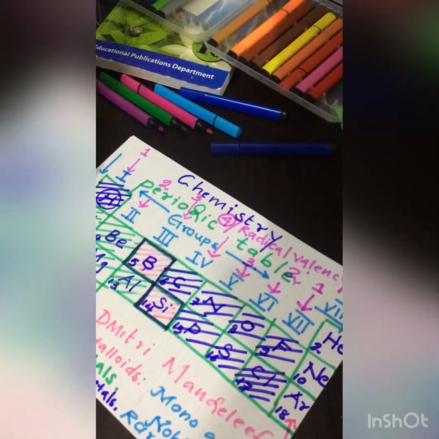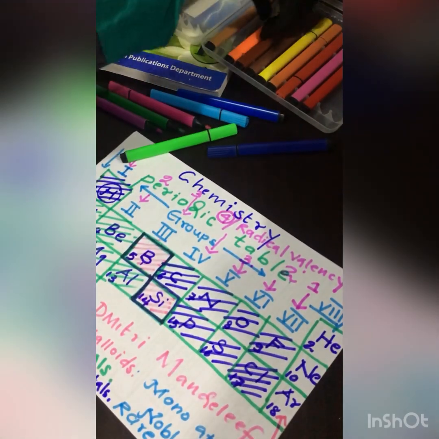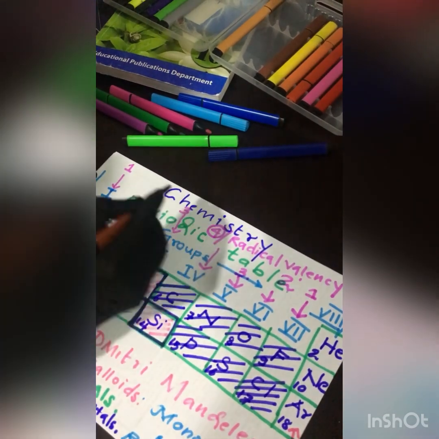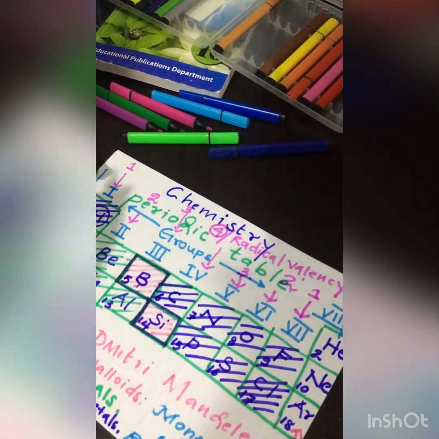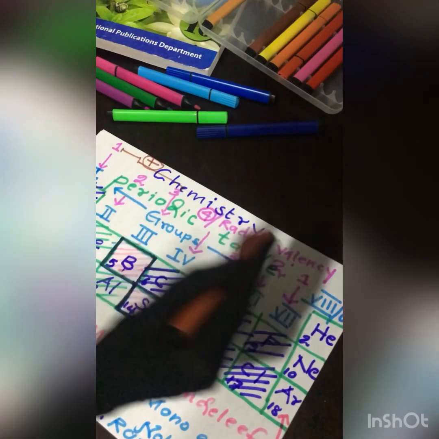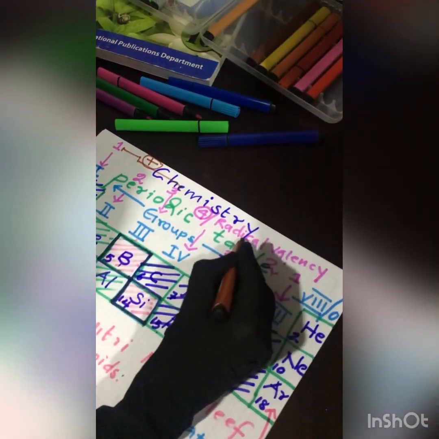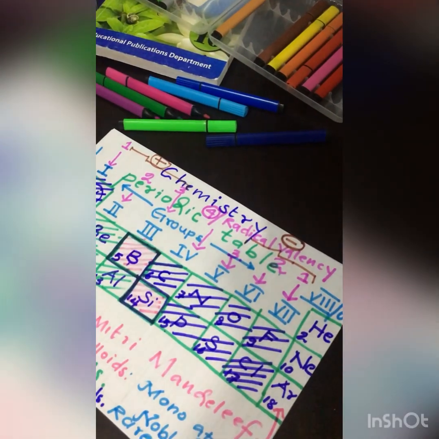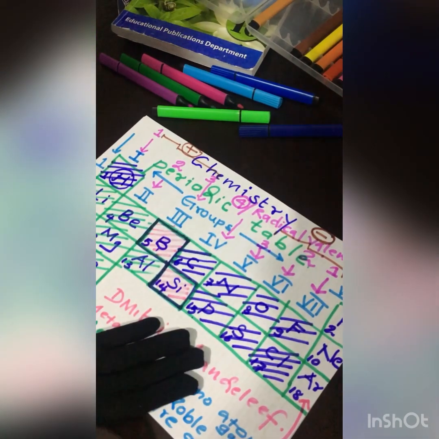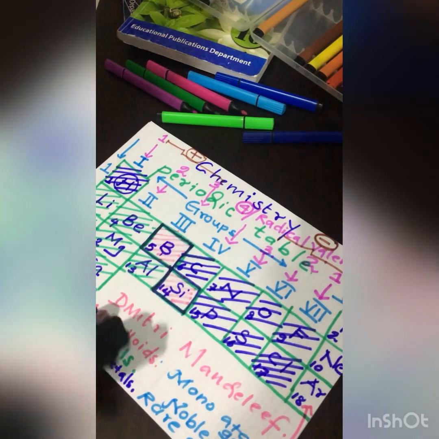Now what you have to learn here, which is very important, is that the 1, 2, 3 on this side we call positive valency, and the 1, 2, 3 on this side we call negative valency. Further about these positive and negative valencies, I'll be explaining in the next video.